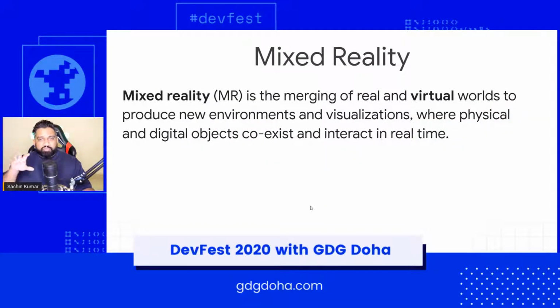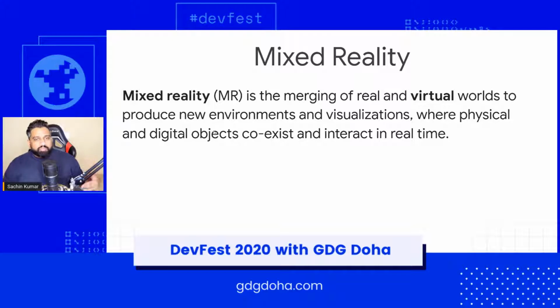And if you get into this whole space of AR and VR, you see a lot of these terms in terms of mixed reality. So what is mixed reality? Mixed reality is the merging of real and virtual worlds to produce new environments and visualizations. So think about this. Let's say you have a photo frame on the wall, or you have an empty wall, but you'd like to visualize something on the wall.